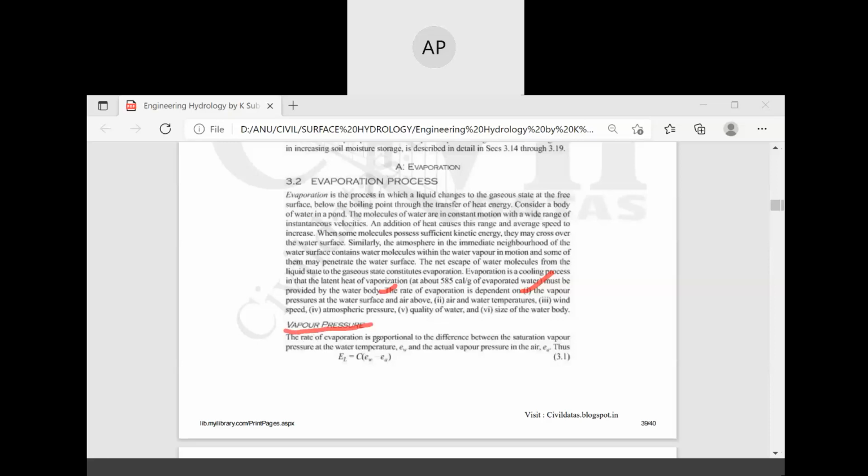The rate of evaporation is proportional to the difference between the saturation vapor pressure at the water temperature and the actual vapor pressure in the air. That is E_L = C(e_w - e_a).